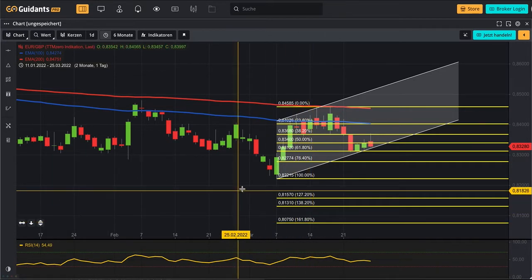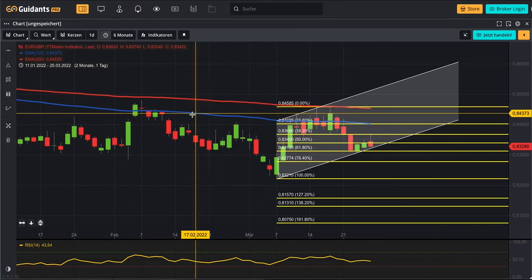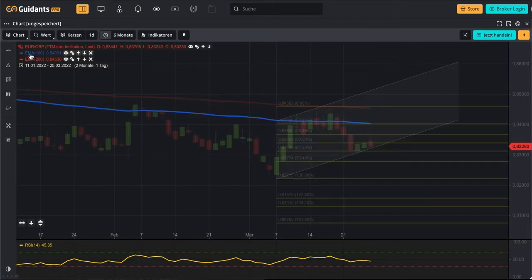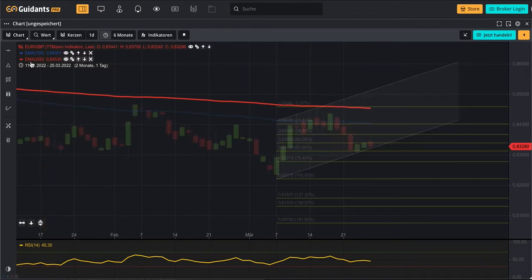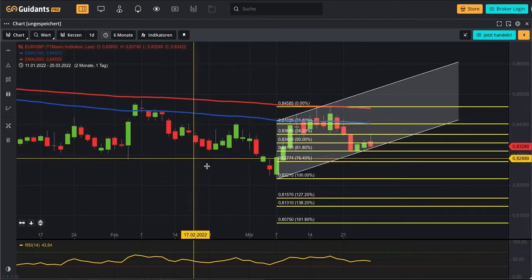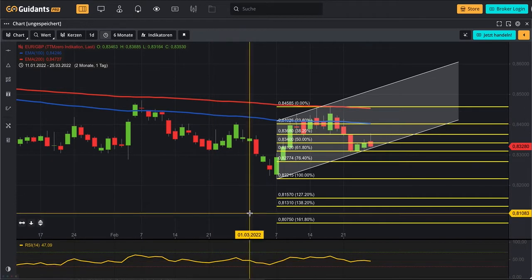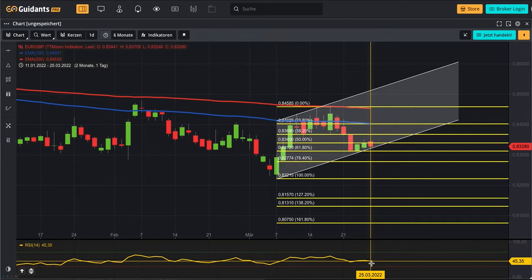You see two lines here to the upside, these blue and red lines, so exponential moving averages. The blue one is the exponential moving average 100, as you can see in the legend here, and the 200 is the red one, in the legend right here. On top of that, you see the relative strength index, with the weekend close at 45.35.